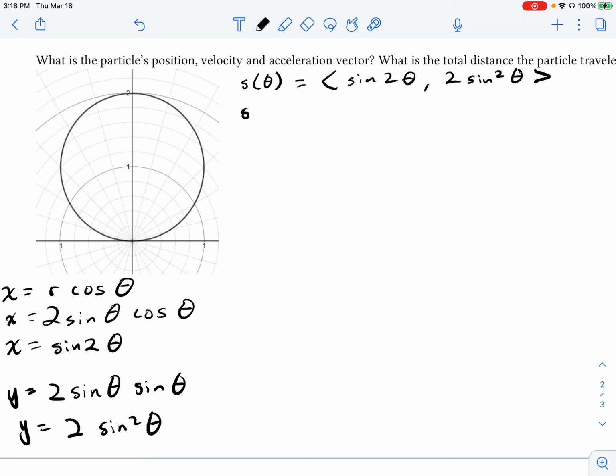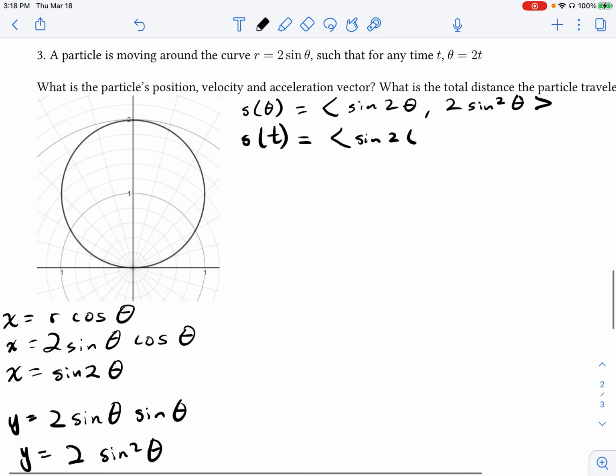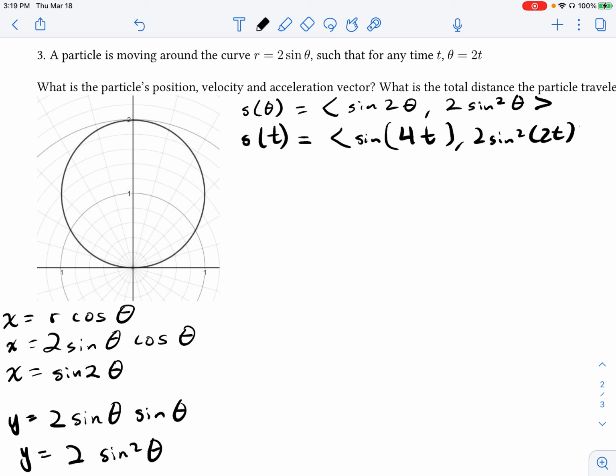But now we want to rewrite this position vector in terms of t. So we're going to rewrite this as the sine of 2 times theta. And if theta is equal to 2t, well, all of this is just equal to sine of 4t. And then this is 2 sine squared 2t. So there's our position vector in terms of t.